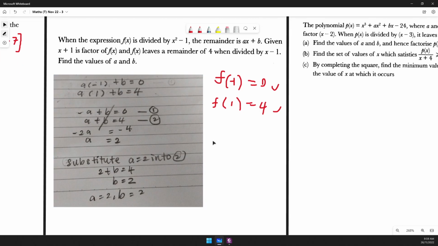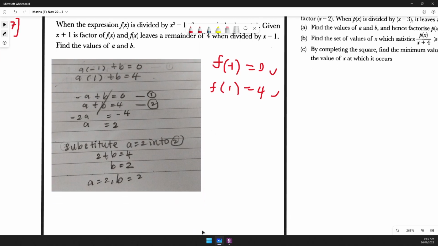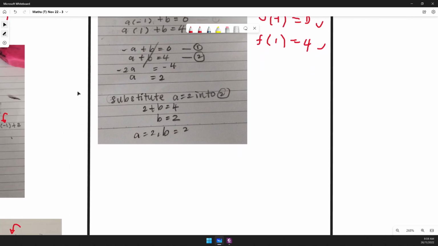So how would you go about this? This is how I would go about it. I'll start with f(x) equals x squared minus 1 times g(x).